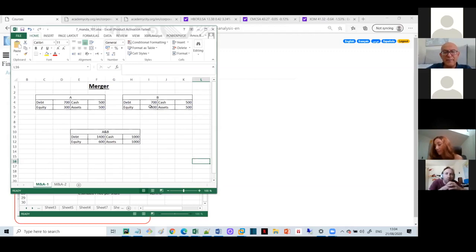Look at it: my bank, if I go bankrupt, my bank will not get its money. Doesn't matter if my partner's company makes a lot of money, I will not pay my debt. And the same thing: if my partner's company goes bankrupt, they're not going to pay the bank, and it doesn't matter how much profit I make. I can make a lot of profit and I will pay my debt, but I don't have to pay the debt of this guy if we don't merge.